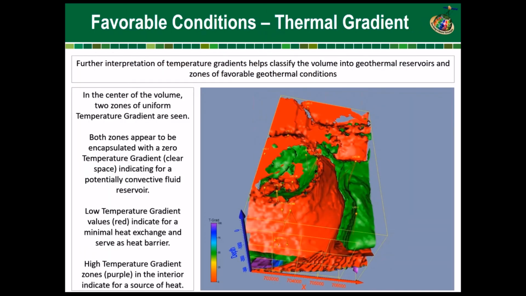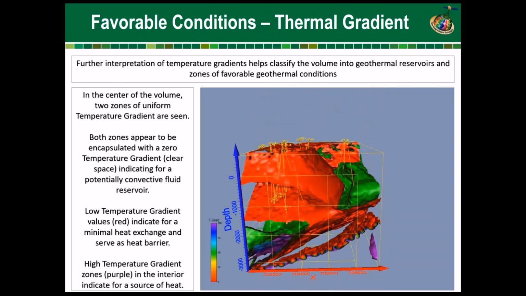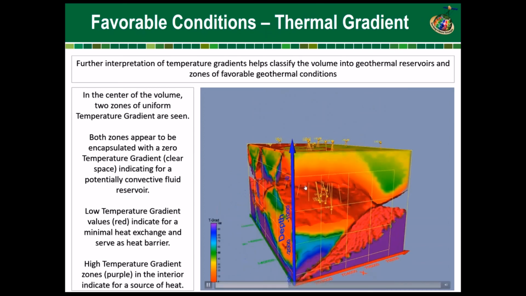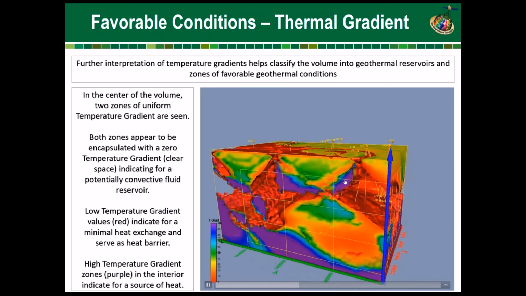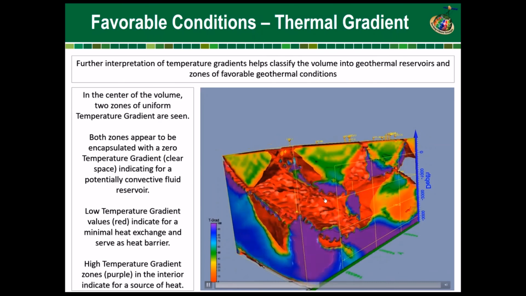Further interpretation of temperature gradients helps classify the volume into geothermal reservoirs and zones of favorable geothermal conditions. In the center of the volume, you see it right here now, there are two zones of uniform temperature gradient.